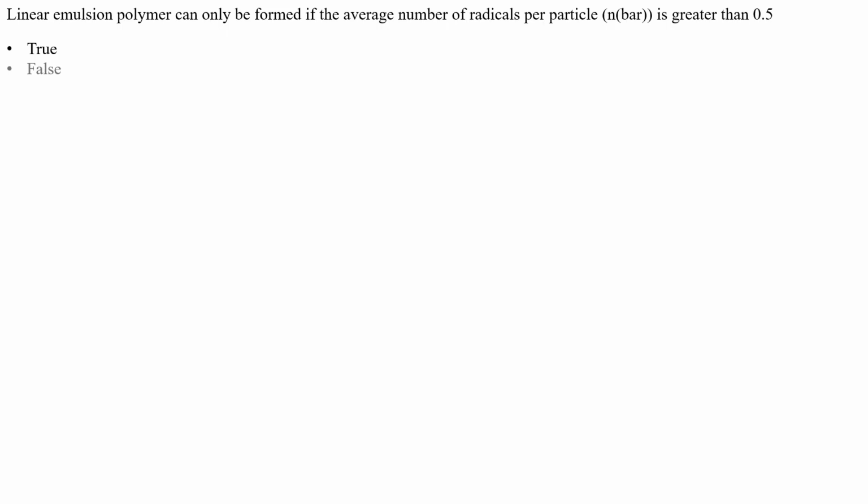This is a direct question from the equation, and you will have to remember that it's not greater than 0.5. It will be less than 0.5. We'll have to remember this part.